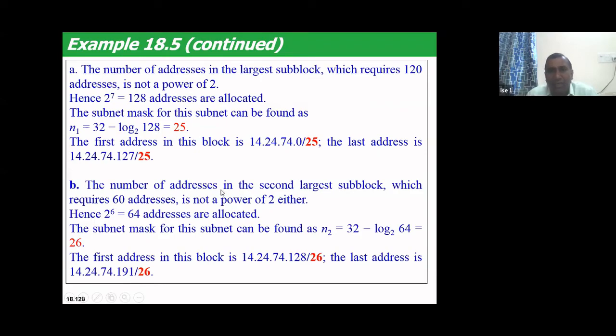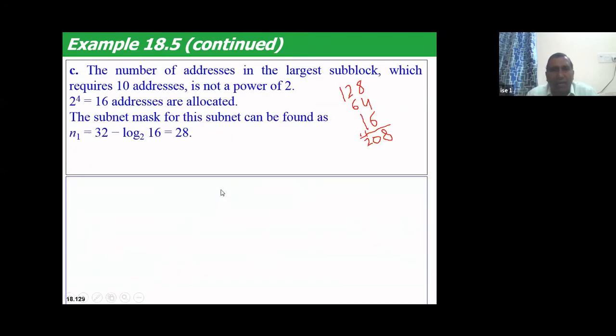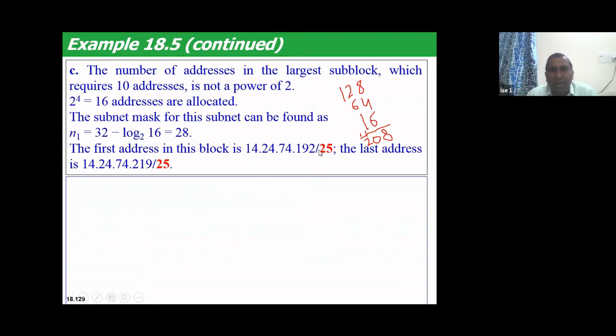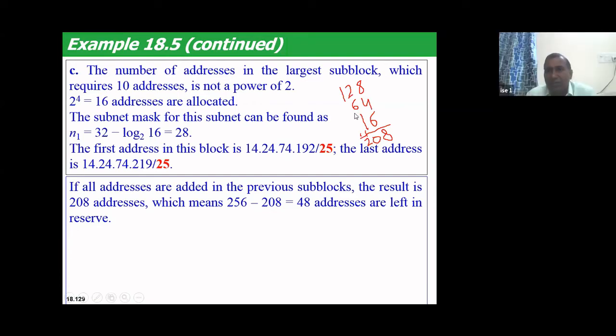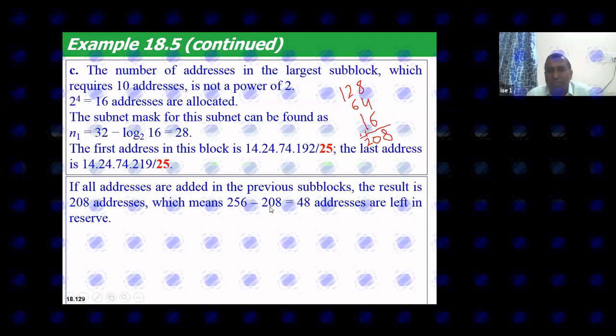So here I have taken it as 192 and will continue from 192 with 128 addresses. 128 addresses were given to the first subnetwork, 64 to the second subnetwork, and 16 to the third subnetwork. So 208 total addresses were used. So 256 minus 208.